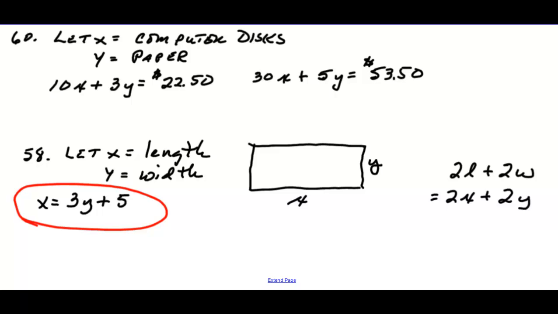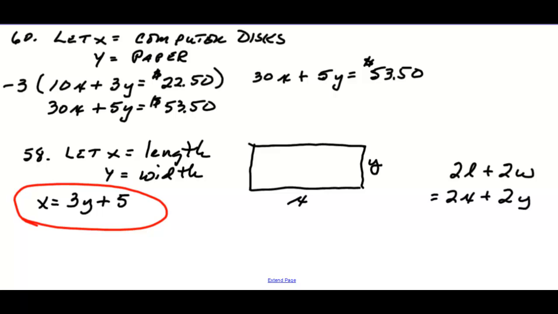Now, these being in that format, I think I'd look at the addition method, and I'd put this second formula, 30x plus 5y equals 53.50. And in order to balance these out, I think I'd take that first one and multiply it through by -3.